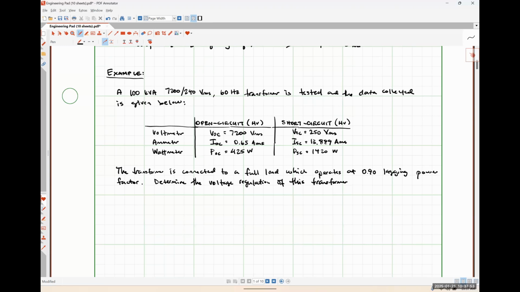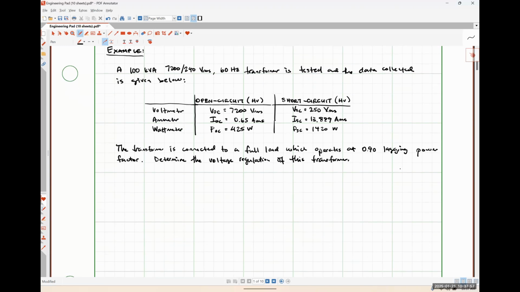Okay. So let's start by explicitly saying here, let's consider the primary to be the high voltage side and the secondary to be the low voltage side.